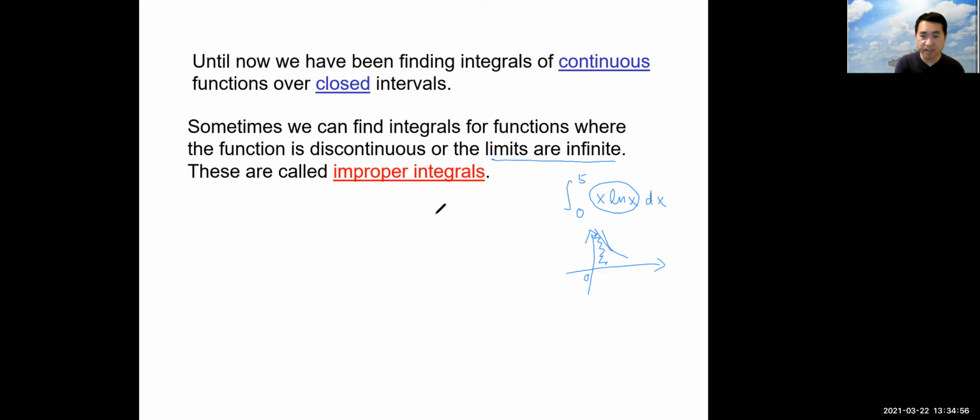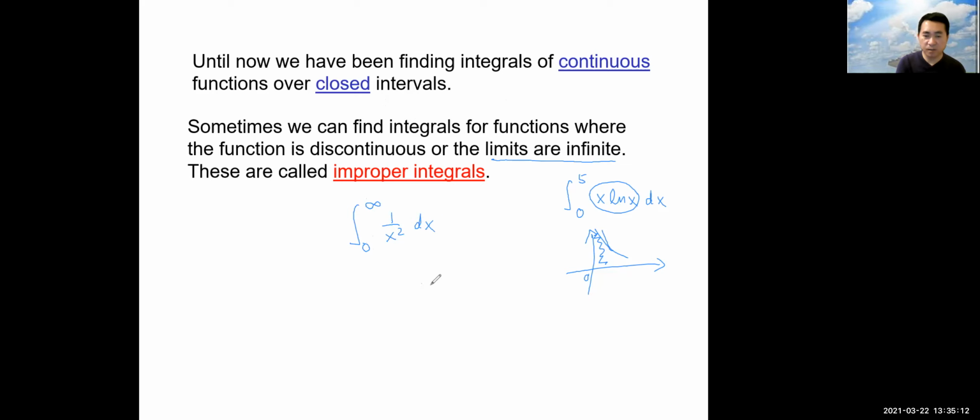So what do I mean? Instead of going from 0 to 5, you can have 0 to infinity of 1 over x squared dx.